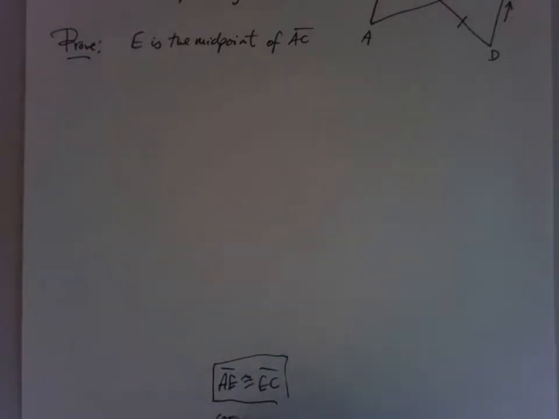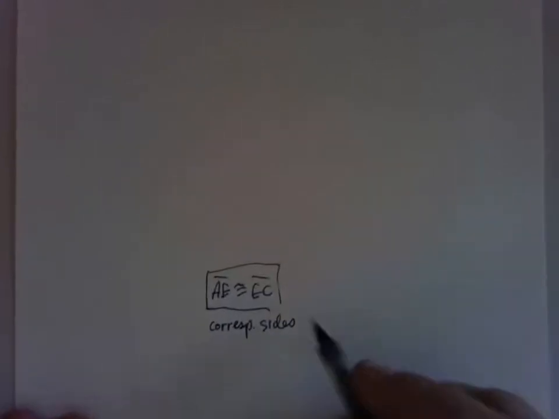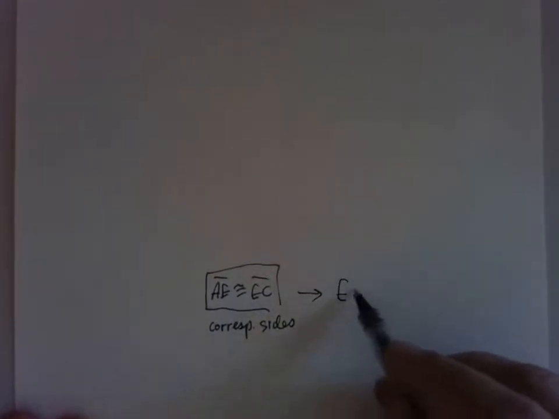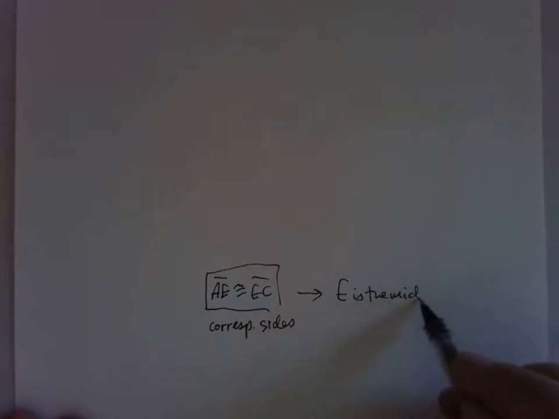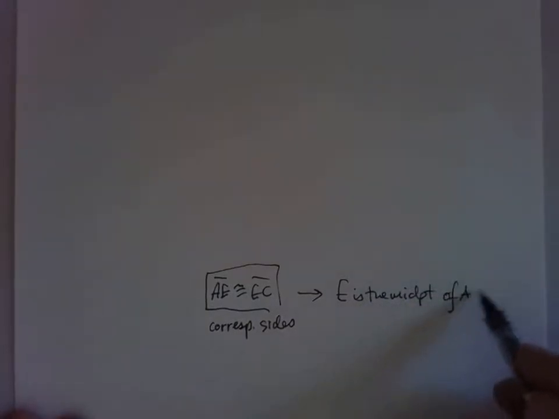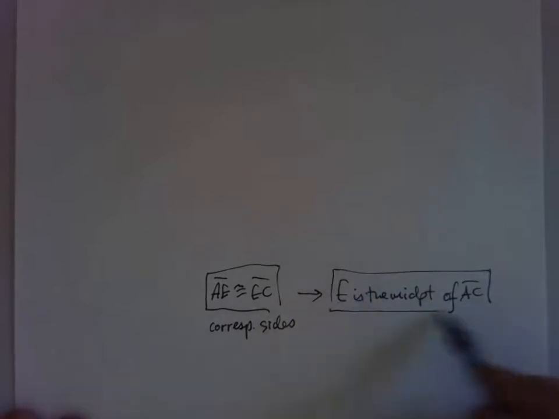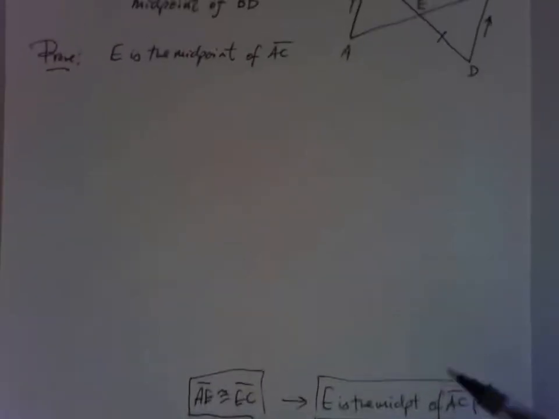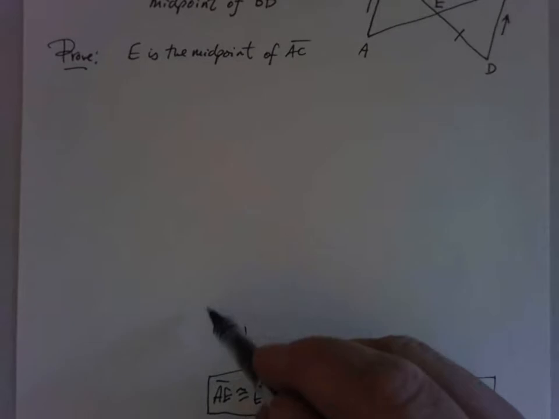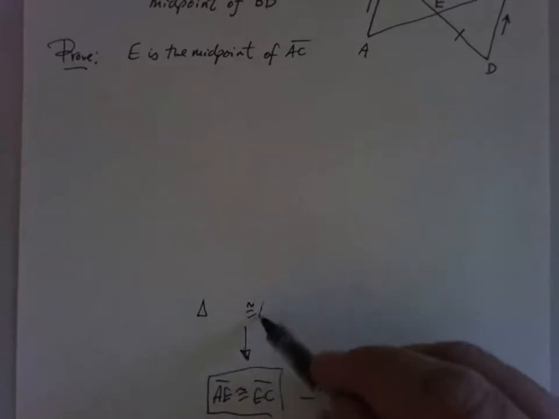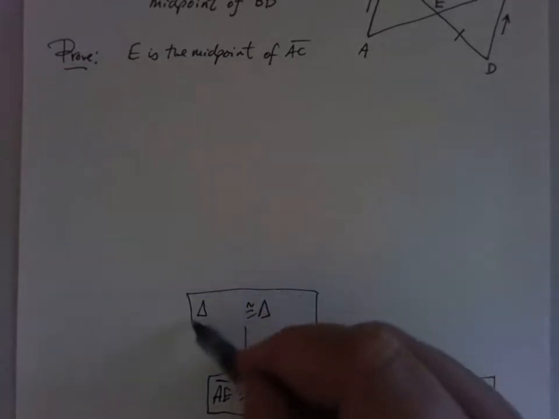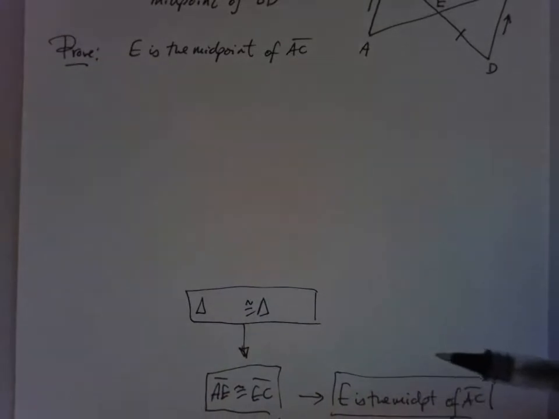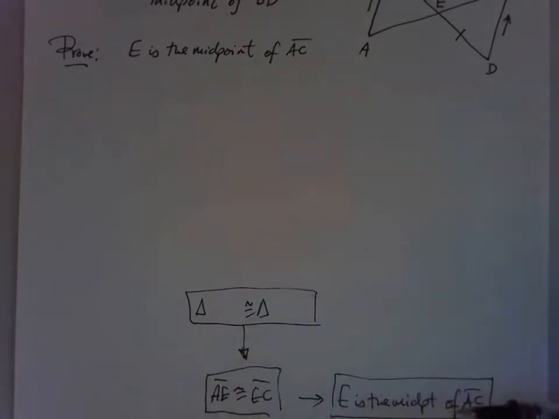It's going to be corresponding sides of my congruent triangles, and then this will tell me E is the midpoint of AC. I know that's where I'm going. This is the definition of midpoint. So I need to get a pair of congruent triangles using SAS or ASA or something that will let me get AE and EC.